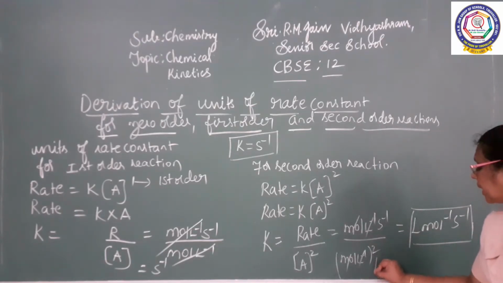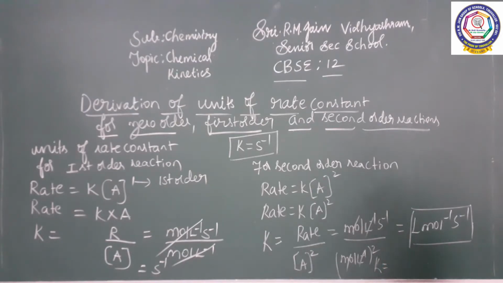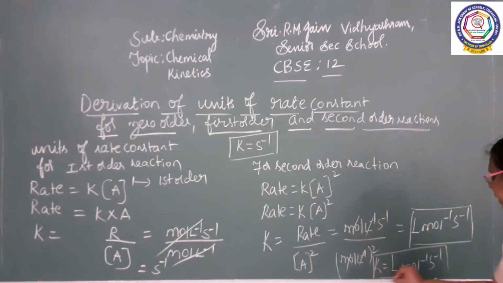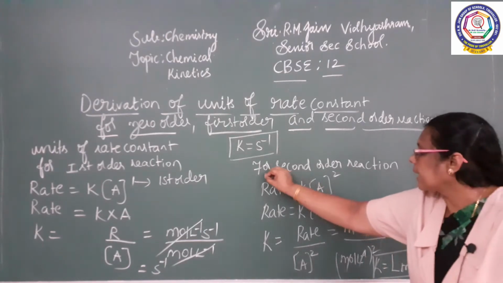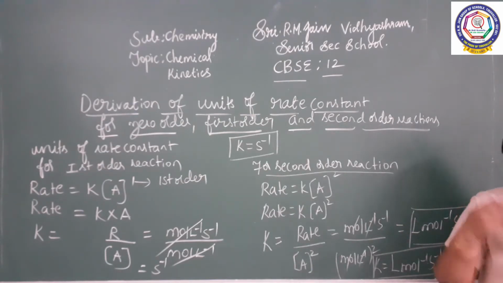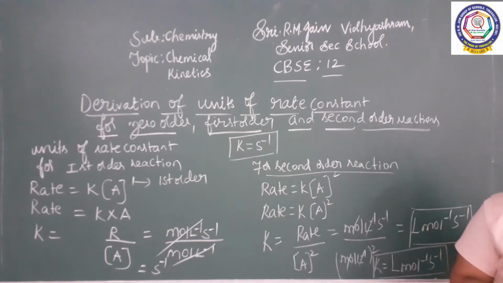So the unit of rate constant for second order reaction is K is equal to liter mole inverse second inverse.